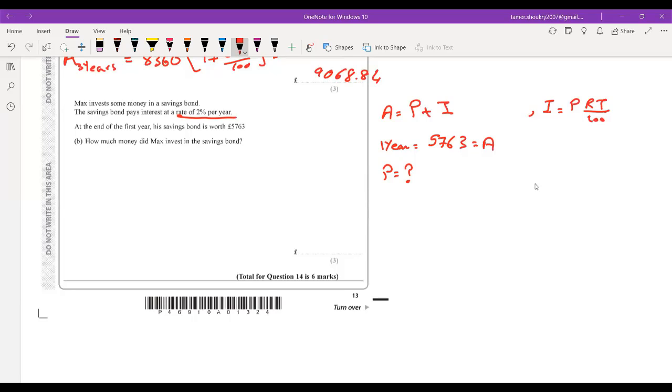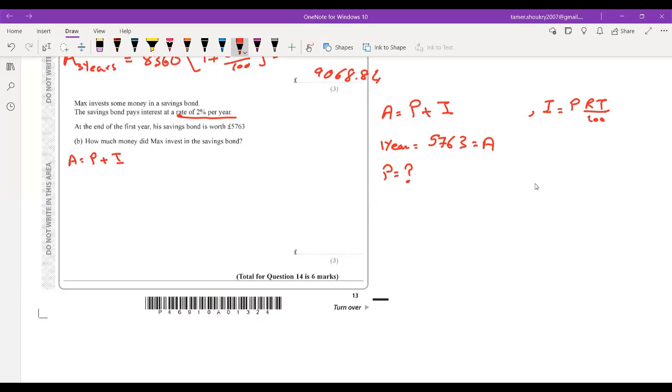He's saying that he invested this principal for 1 year, and the outcome was 5,763, and the rate was 2% simple interest. He wants to know the principal. So in order to know the principal, we need to write the rule: amount equals principal plus interest.